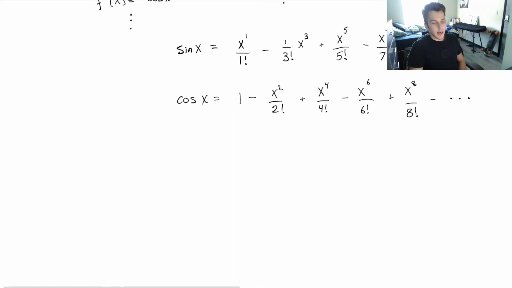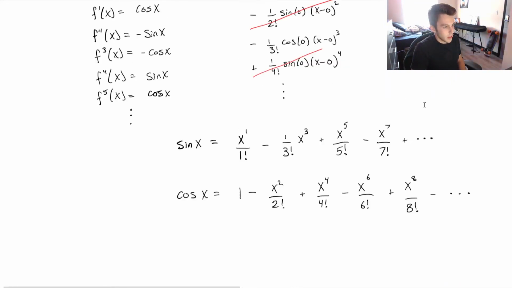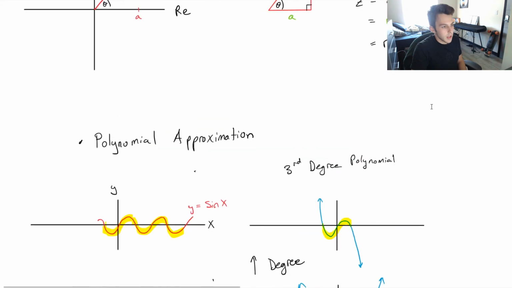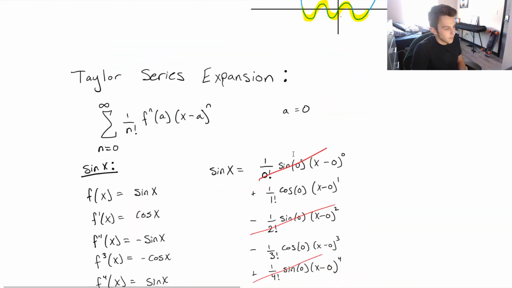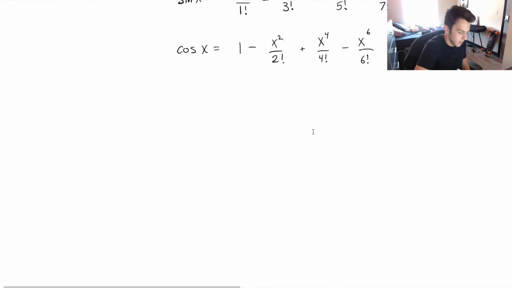And now this is going to get a little bit ugly here, but just bear with me, guys, okay? I want to take these polynomials that we've just written, and I'm going to substitute them back in for r times cos theta plus j sine theta, okay? So let's write this out.